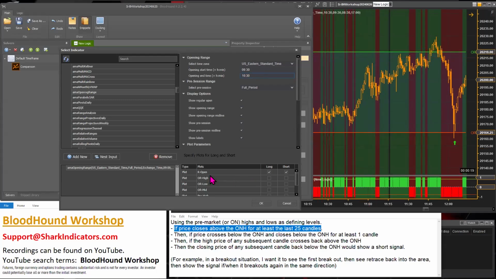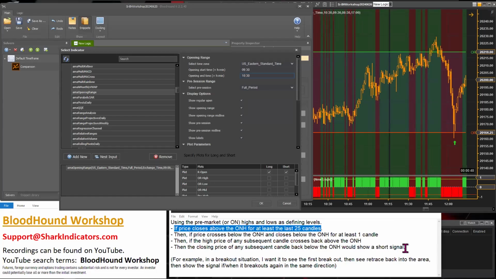Next, we need to figure out what plots we want. In our system rules, when price crosses the overnight high, or in our case the opening range high, ultimately we're going to develop a short signal.